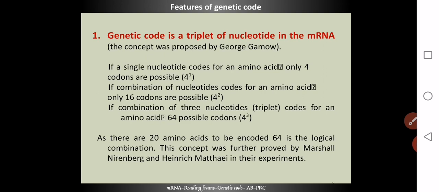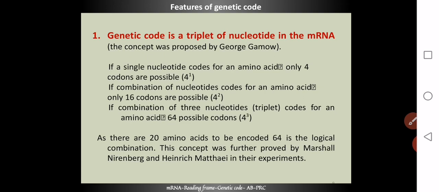This concept was proposed by George Gamow, and he reached this conclusion by his calculations. We know that we have 20 amino acids in total, which have to be incorporated into a protein during translation. So what is the possibility that the 20 amino acids are encoded by the 4 nucleotide bases?